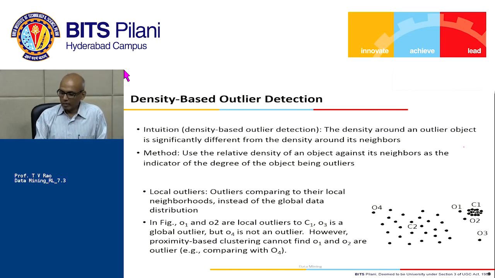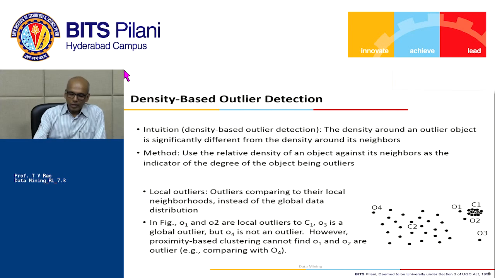If we look at the objects, O1 and O2 are close to the group of objects falling under C1. There are several objects which are densely close to each other. But if you compare O1 and O2, they have a distance from C1. Possibly they are representing a local outlier with respect to C1.